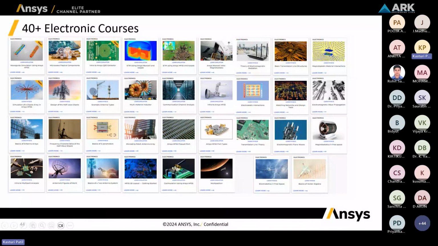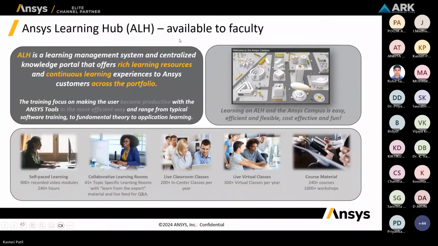So these are two courses in the electronics part. In ALH, that is Ansys Learning Hub, you can see more than 900 recorded videos, and these are based upon self-paced learning. So based upon your time and requirement, you can start the course and finish it as per your time availability.